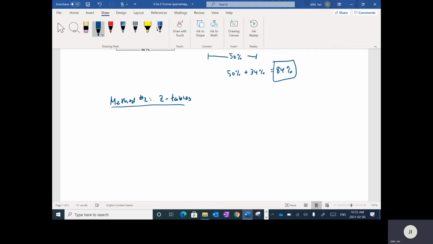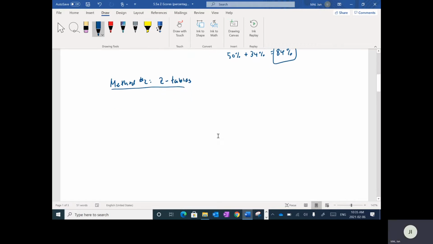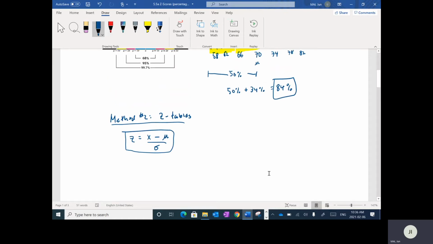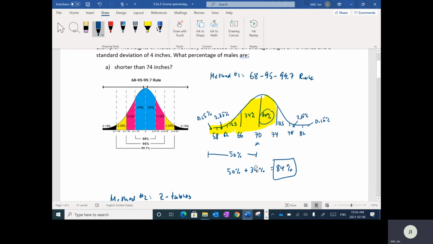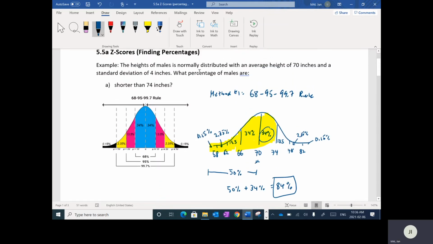All right, so there's a formula, and this formula you don't really have to memorize. It's called the Z formula. Okay, so to get a Z value, you'll see this X minus the mean divided by the standard deviation. Okay, so this formula converts the normal population that we're working with here, the average of 70 and standard deviation of 4, and it standardizes this normal distribution so we can look it up in a Z table.